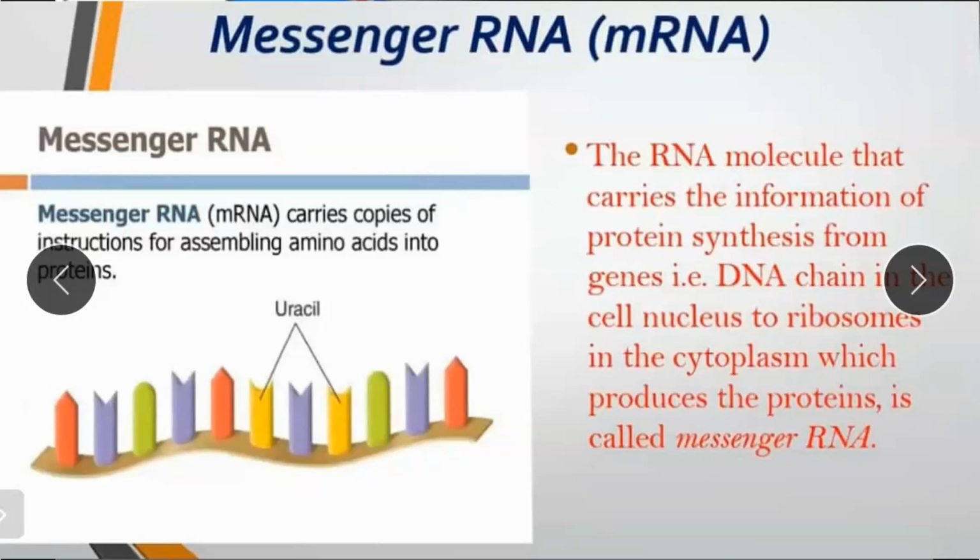And where are the genes? In the DNA chain, which is present in the cell nucleus, and it carries this message to the ribosomes. Ribosomes are present in the cytoplasm, and they produce the proteins. So it is called messenger RNA. This is the first type of RNA we discussed, messenger RNA.